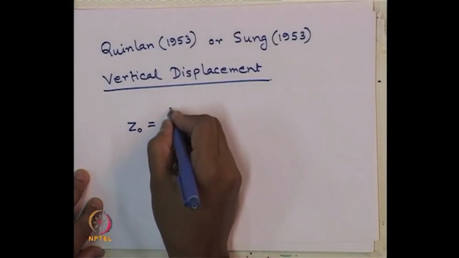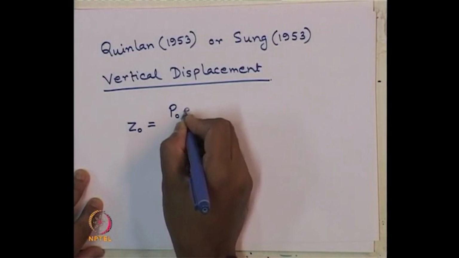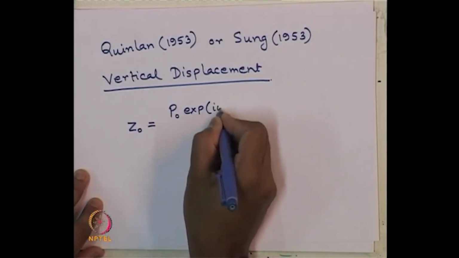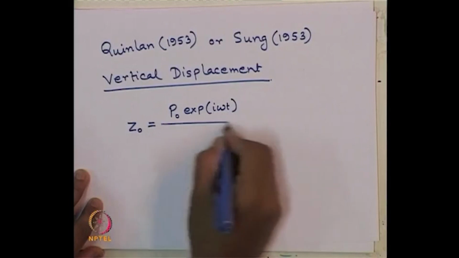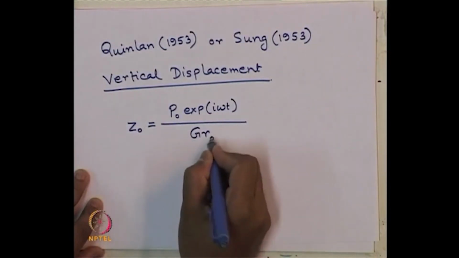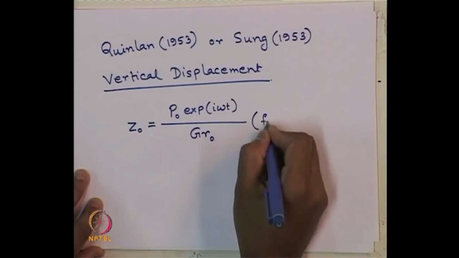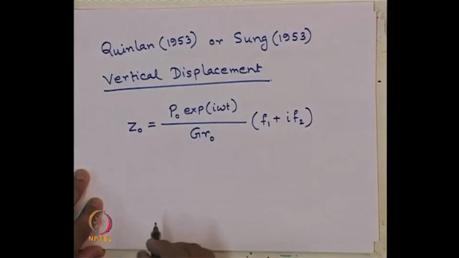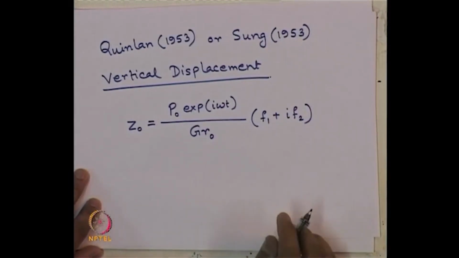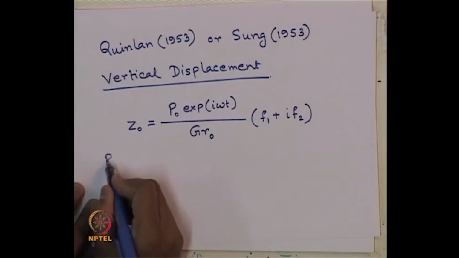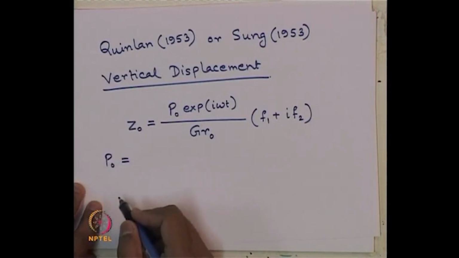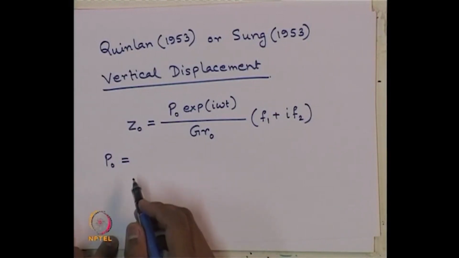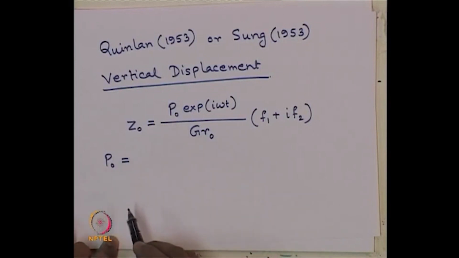So, what is that vertical displacement expression given by them? Z naught is P naught e to the power i omega t by G r naught times f1 plus i times f2. i is nothing but the imaginary number. In this, what are the different terms? This P naught is called the amplitude of total force applied to the circular contact area. So, P naught is the amplitude of dynamic vertical load.